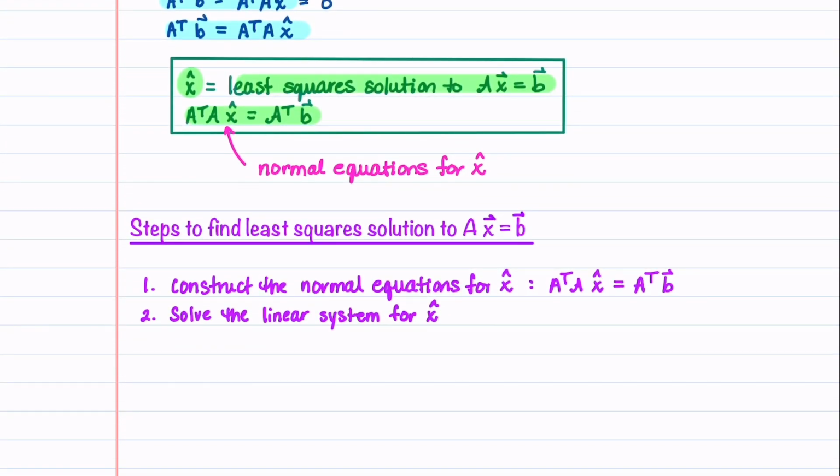I've written down 2 steps that we can follow to find the least squares solution to A times x is equal to b. Our first step is that we're going to construct the normal equations for x hat, multiply everything out till we just get a matrix times x hat is equal to a single vector on the right-hand side. Our second step then is to solve this linear system for x hat.